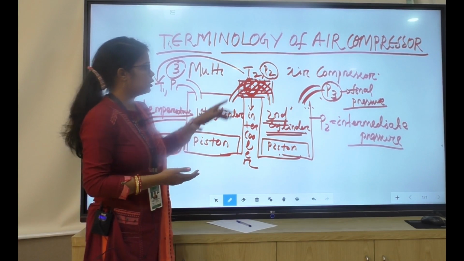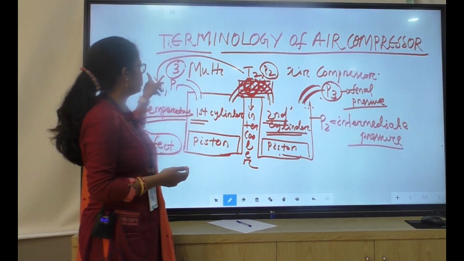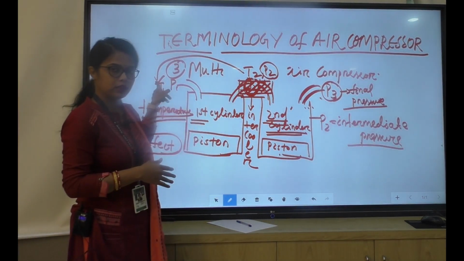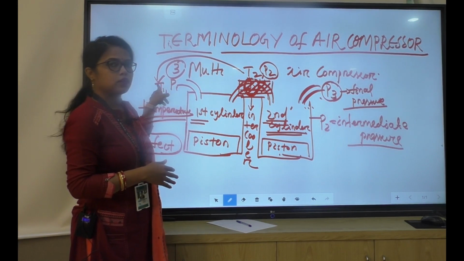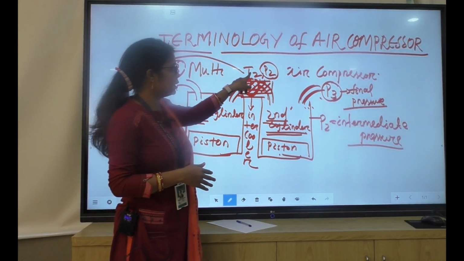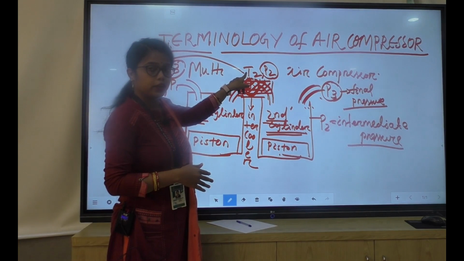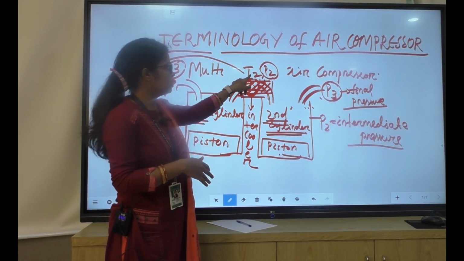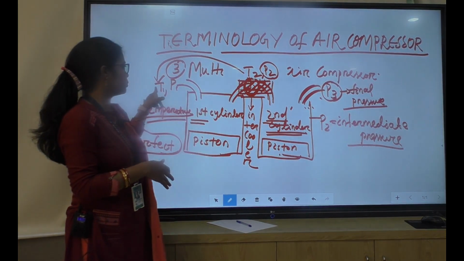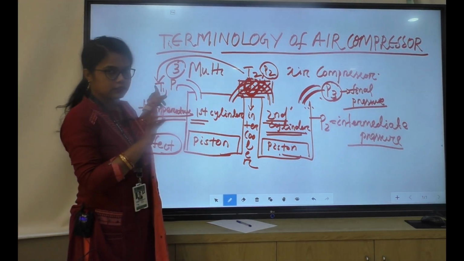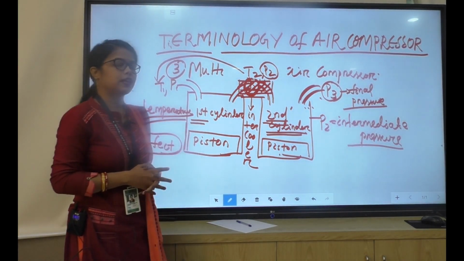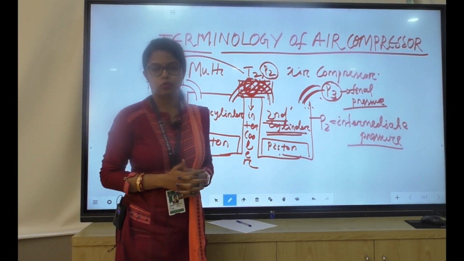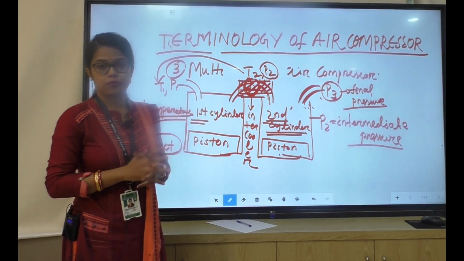And if T2 cannot be reduced up to T1 exactly, suppose T1 is 30 degrees centigrade, T2 is 120 degrees centigrade, and after intercooling 120 is reduced up to 35, not exactly 30, then that is called imperfect intercooling.